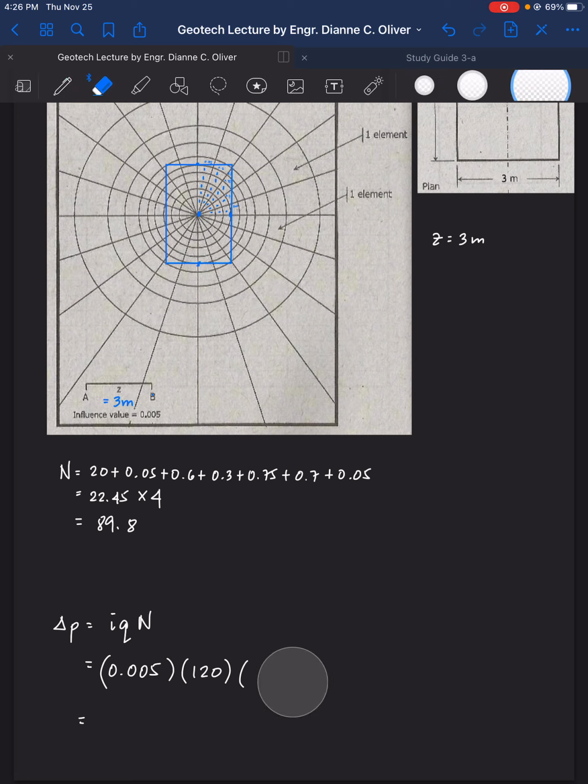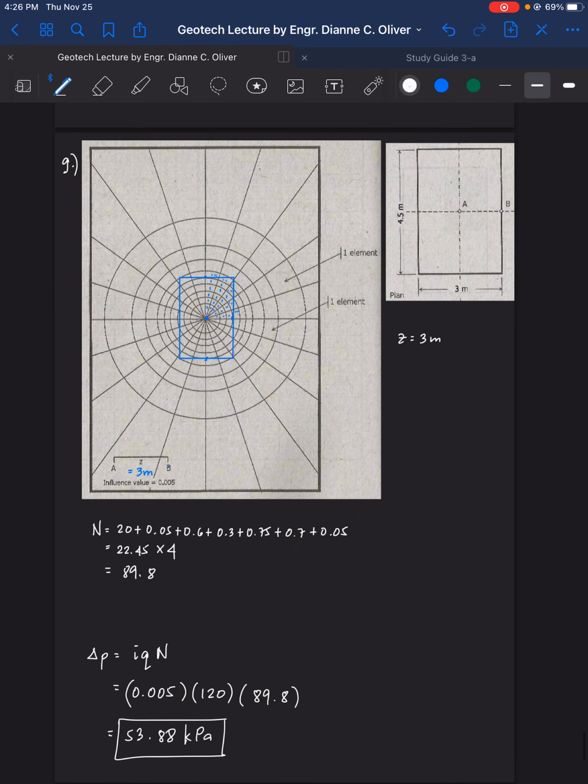So this is 89.8. So that is now equal to 53.88 kilopascal.